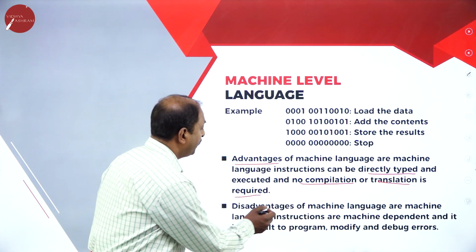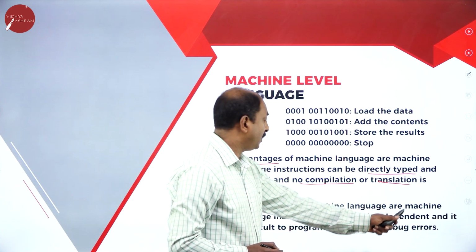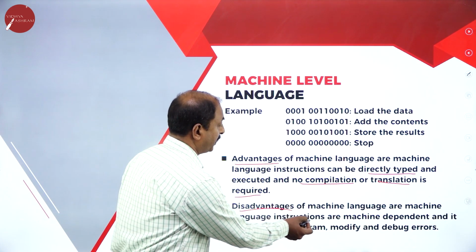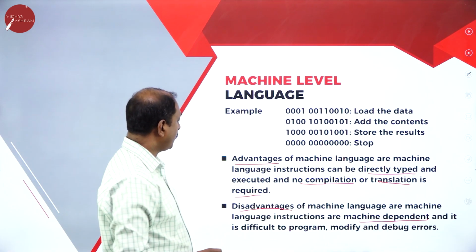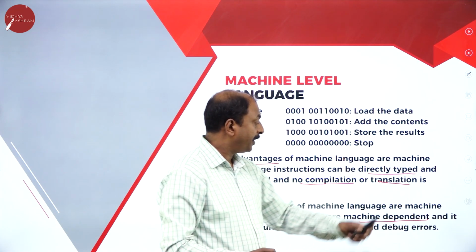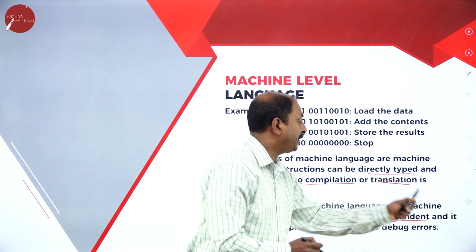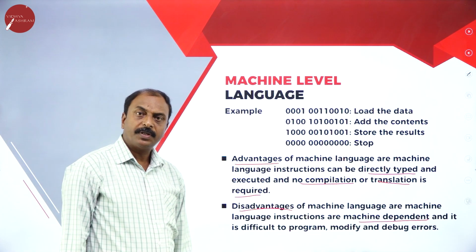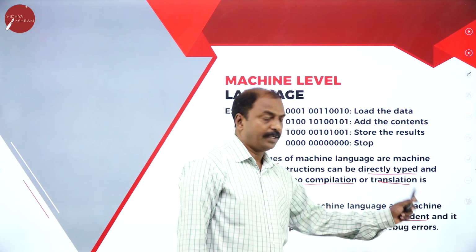Next, what are the main disadvantages? The disadvantages of machine level language are that the instructions are machine dependent, and it is difficult to program, modify and debug errors. The main disadvantage is that it is machine dependent.